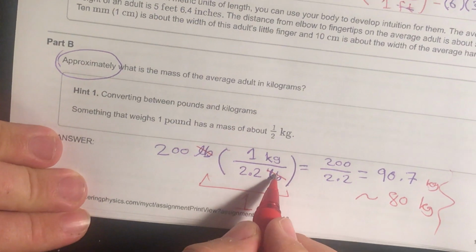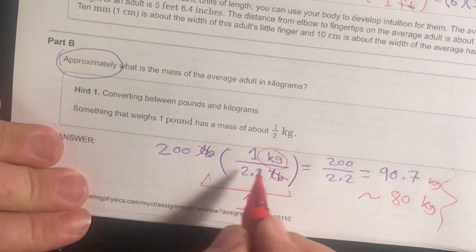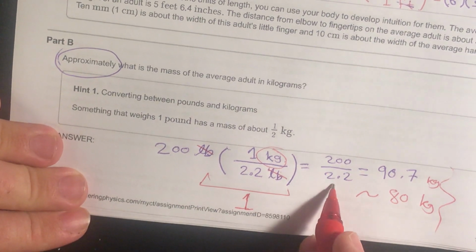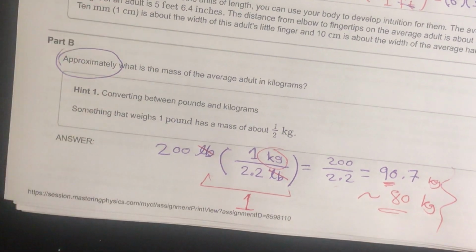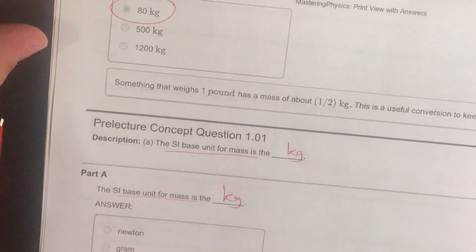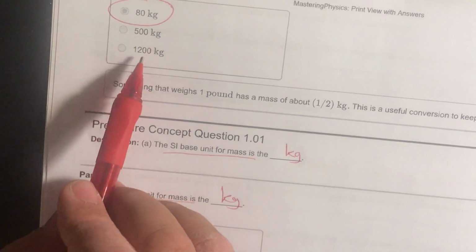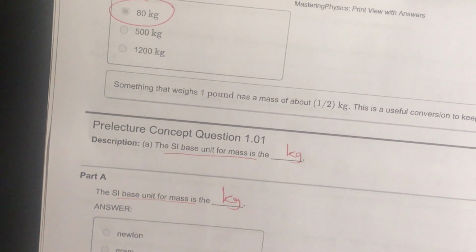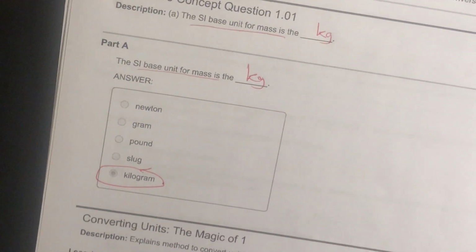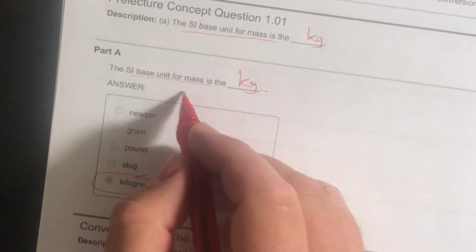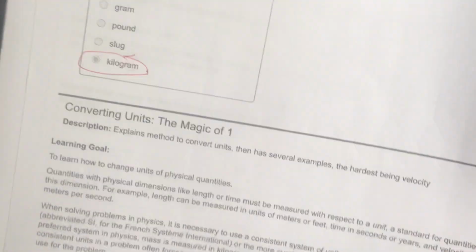We can cancel pound with pound. We have now kilograms. 200 over 2.2 is about 90 kilograms, which is approximately, in our questions, 80 kilograms. Not 500 and not 1200. Okay. What is the SI unit of mass? It is the kilogram. It's easy and simple.